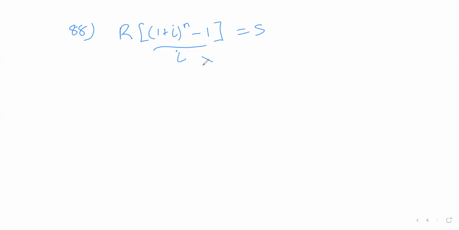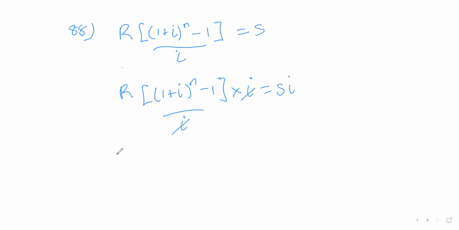So first of all we multiply both sides by I, and we get R times 1 plus I to the n minus 1 over I, times I, equals S times I. I cancels with I, and R times 1 plus I to the n minus 1 equals S I.